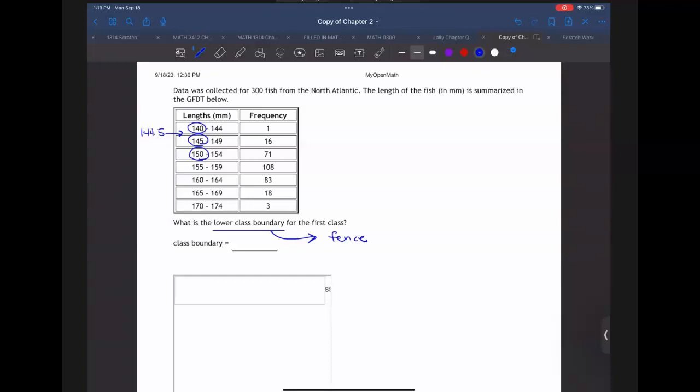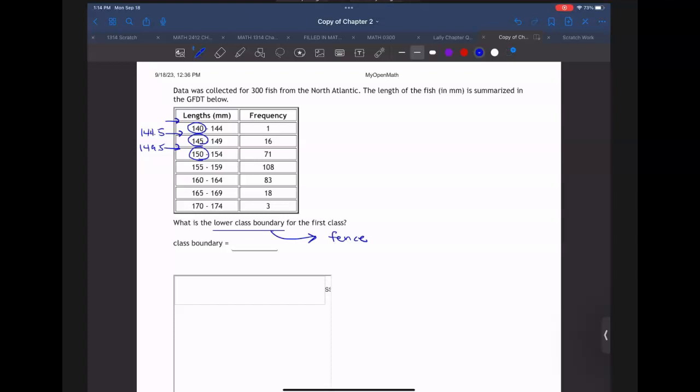The class boundary between our second and third class would be 149.5. So what's dividing the end of the previous class from the next? So if I want the lower class boundary for the first class, this one's a little tricky. That's going to be your very first class boundary.